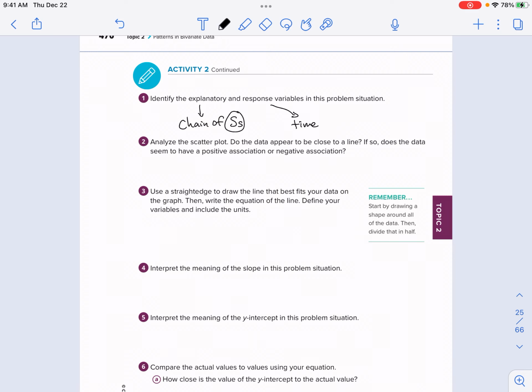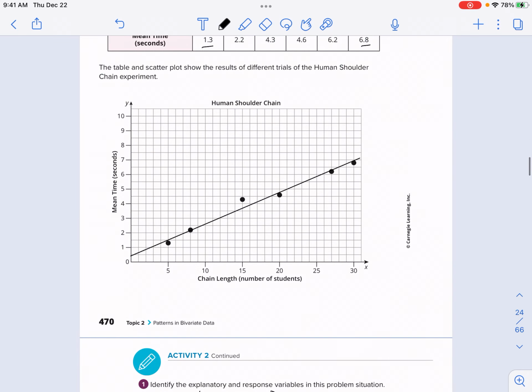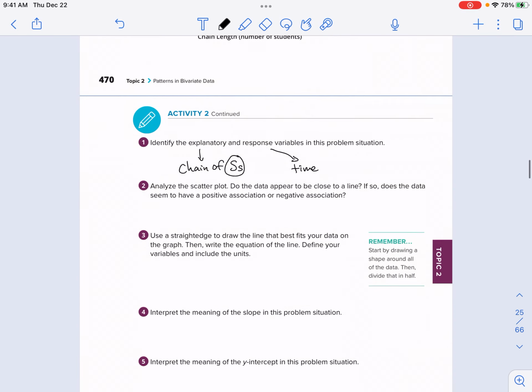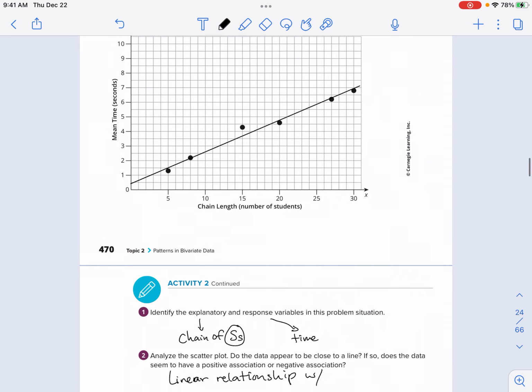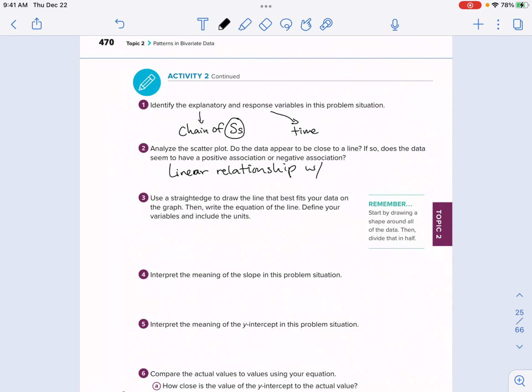Do the data appear to be close to a line, and if so, what is the association? I would say yes, the data is pretty close to the line, so it forms a linear relationship. And what type of association? It's a positive slope, so we would say that that's a positive association. I'll just abbreviate there.